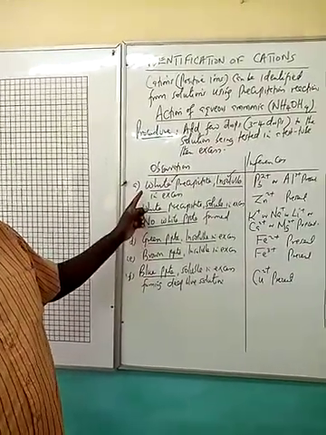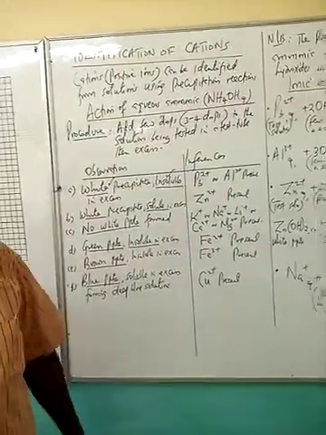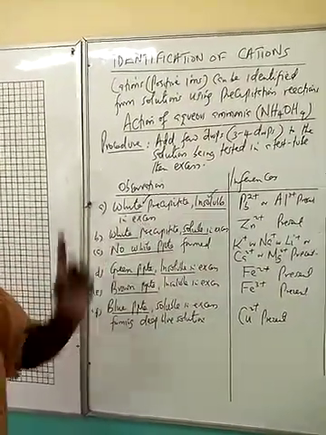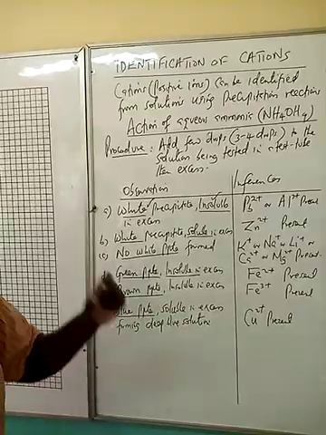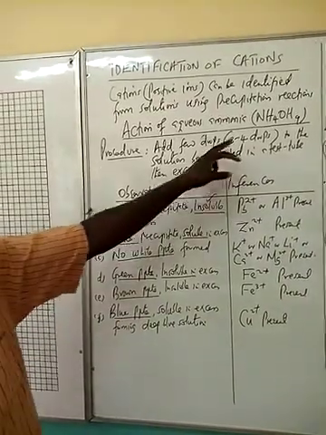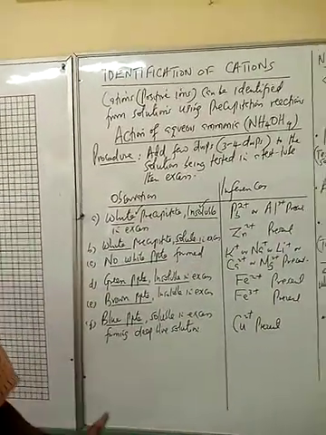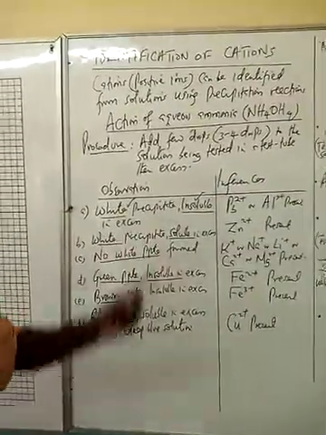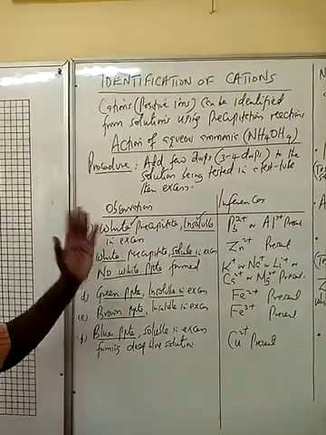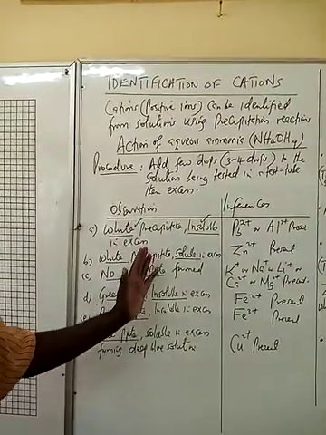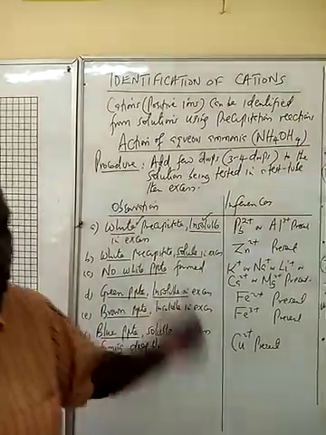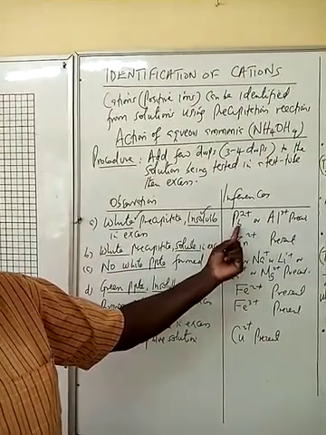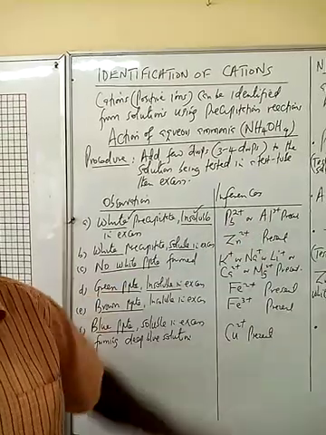So the first one: if you get a wet precipitate, then the precipitate is insoluble in excess. A wet precipitate you get after adding 3 to 4 drops, then you add excess, and the precipitate does not dissolve. So in our observation, you write: wet precipitate insoluble in excess. The possible ions will be lead-2 ion or aluminium ion.